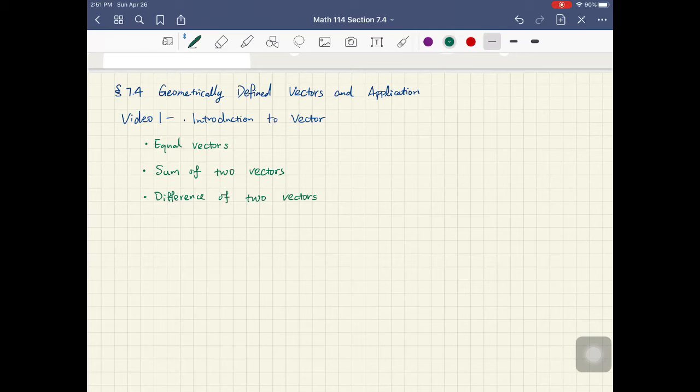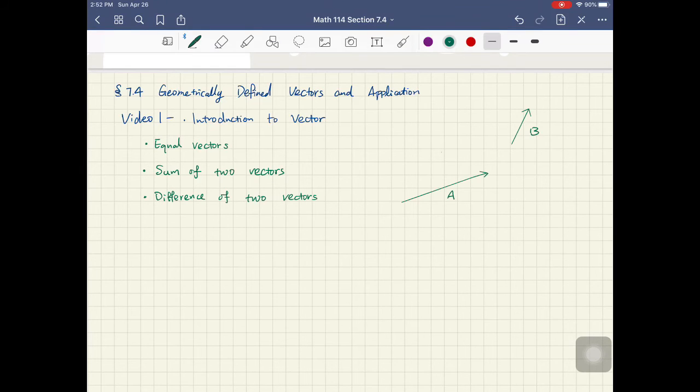When we're talking about vectors, it's not going to be as straightforward as 2 plus 3 with real numbers, because in real numbers we only have two directions to consider, either positive or negative. However, with vectors we have multiple possible directions to think about.